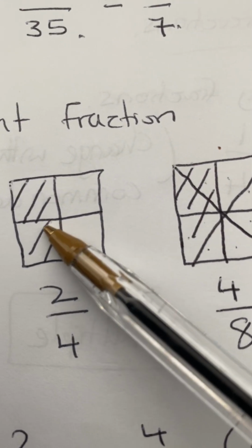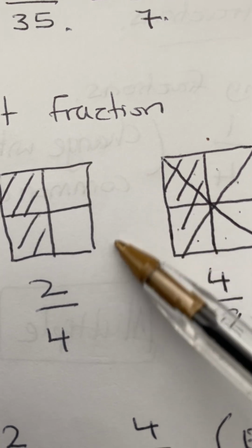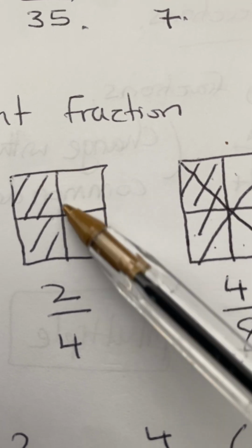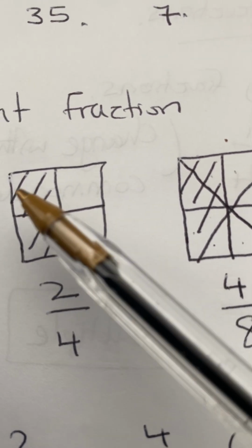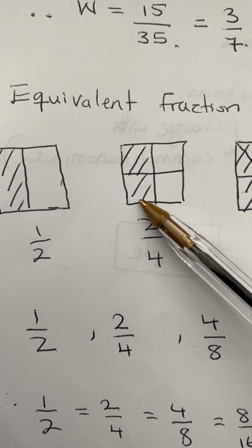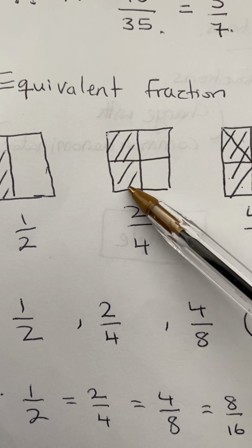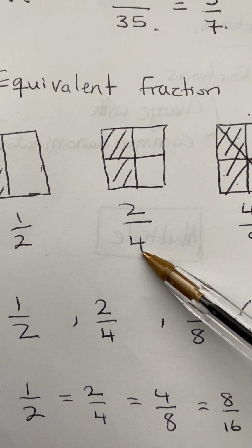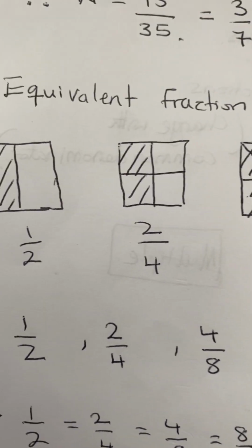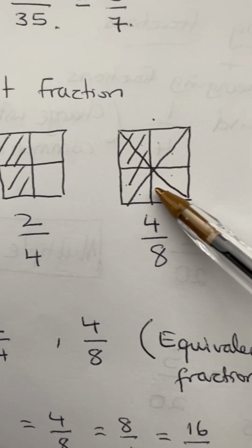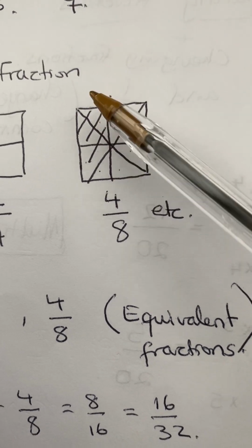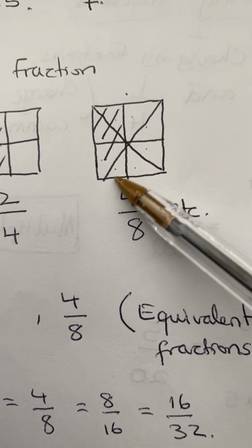The second one, which I assume is the same box, not to scale, I've split into 4 parts and I've shaded half of it. So I've shaded 2 portions out of 4. The third one, the same box, not to scale again, I've split into 8 bits.